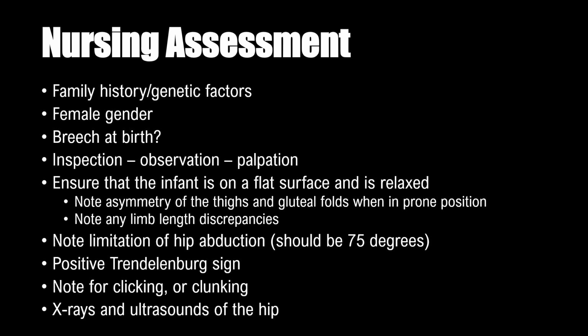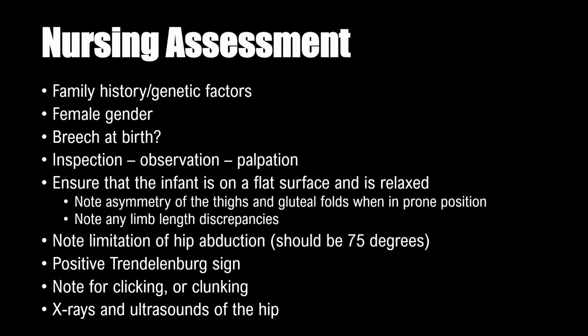Also looking at the limb length, is there any limb length discrepancy? Is one leg longer than the other? Also noting any limitation of hip abduction. The hip should be able to abduct at least 75 degrees. We'll talk about the Trendelenburg sign, but they will have a positive Trendelenburg sign.